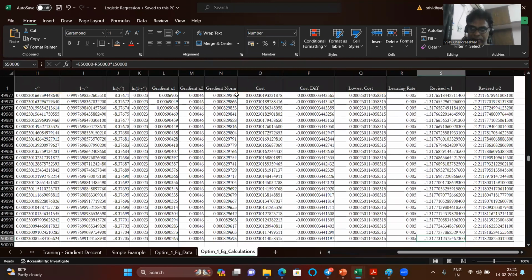And this is the final W1 and W2 after 50,000 iterations. This is the final W1 and W2, and here's the cost, which also happens to be the lowest cost. Okay. I'll go all the way to the top.